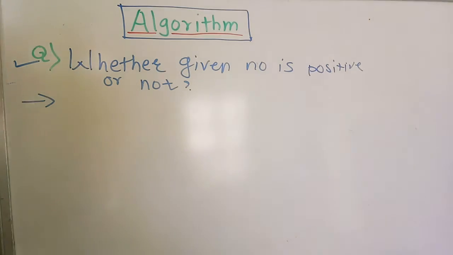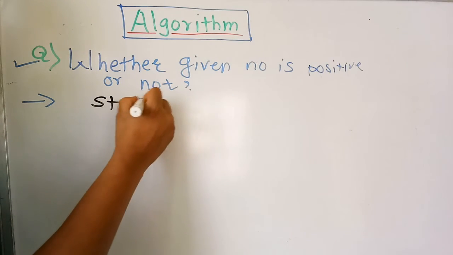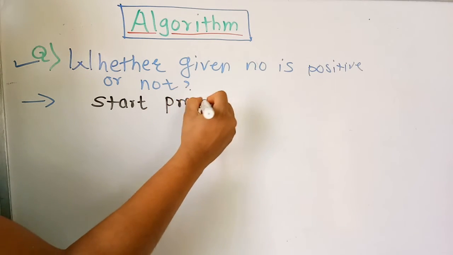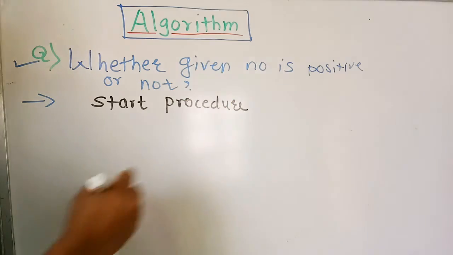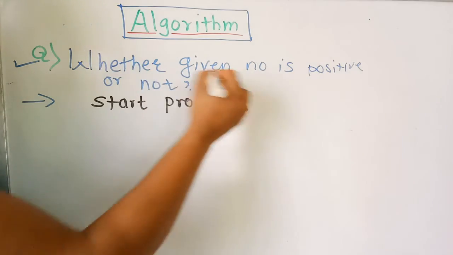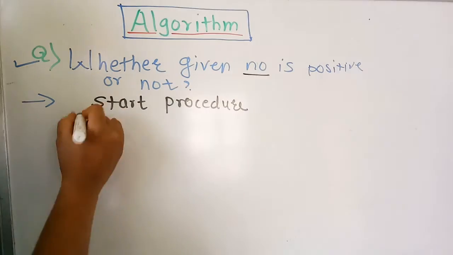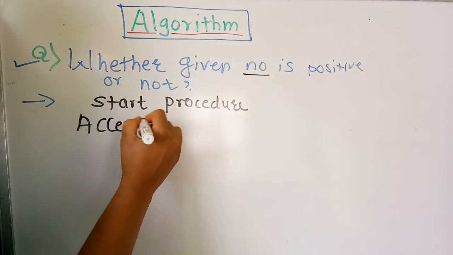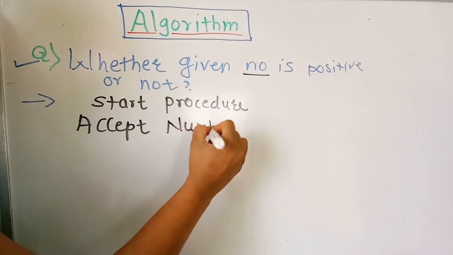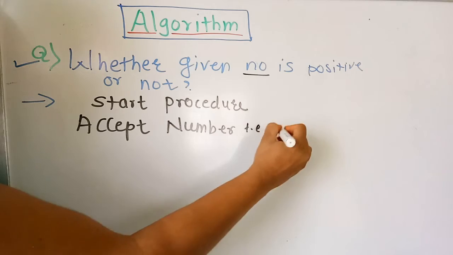So, first of all, we will start with the step, that is start the procedure. Then, for the given number, you have to accept only one number from the user. So you will accept it from the user, that is accept number, so that n.